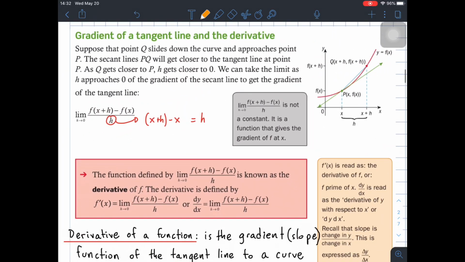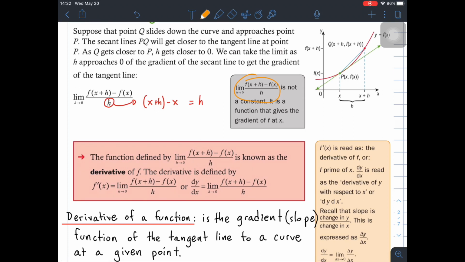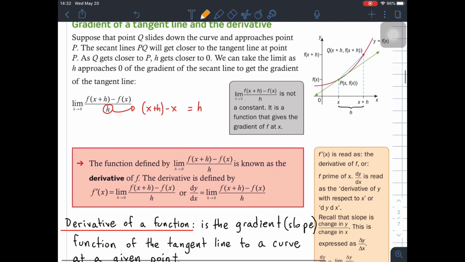So here it says, the limit of f of x plus h minus f of x divided by h is not a constant. It is a function that gives the gradient of f at x.